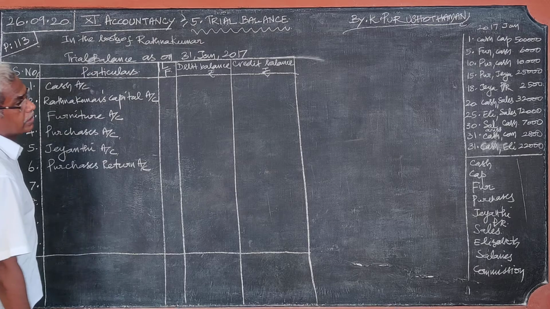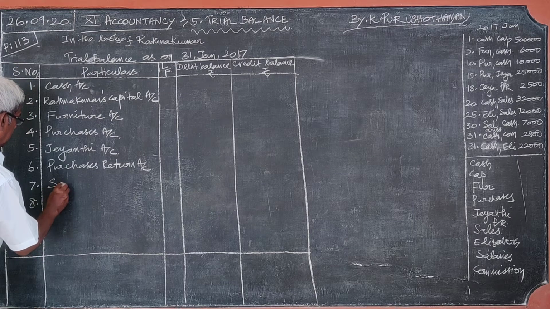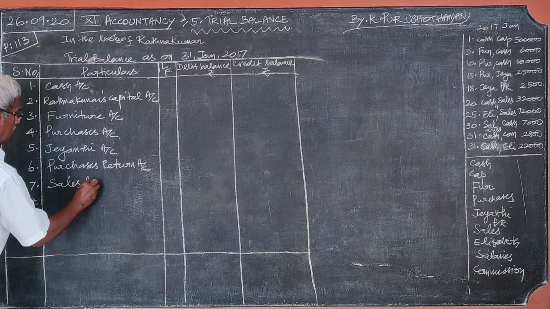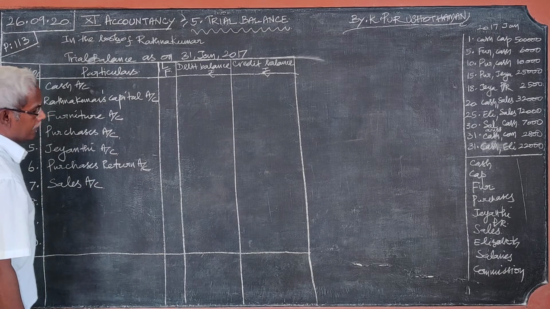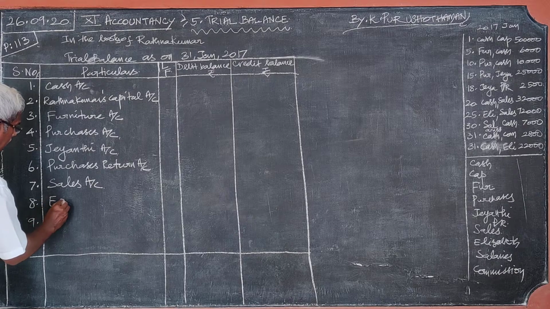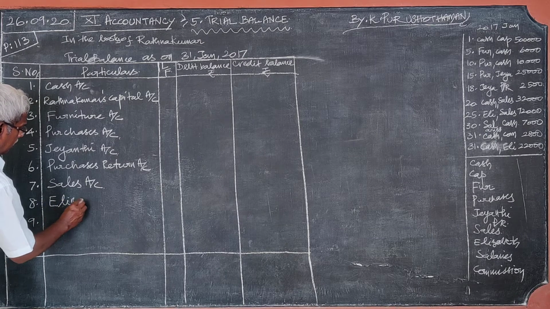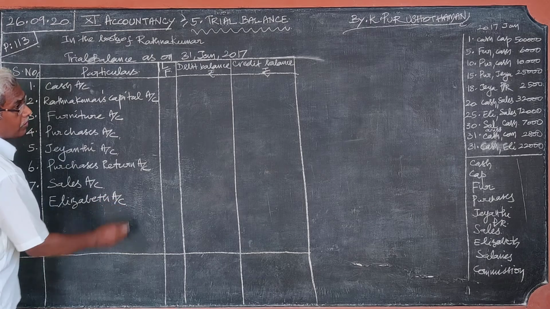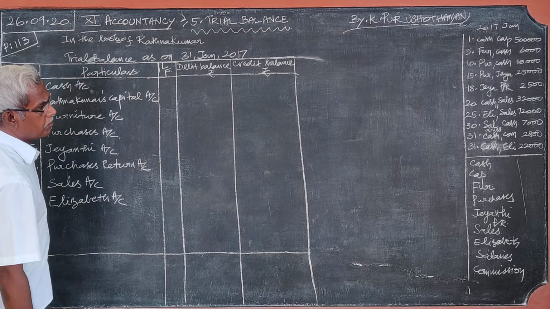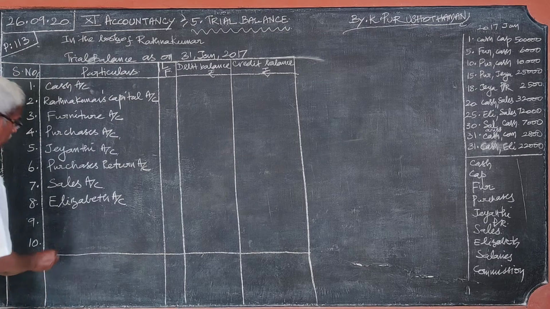Number 7, sales account. Number 8, Elizabeth account. Number 9, salaries account.